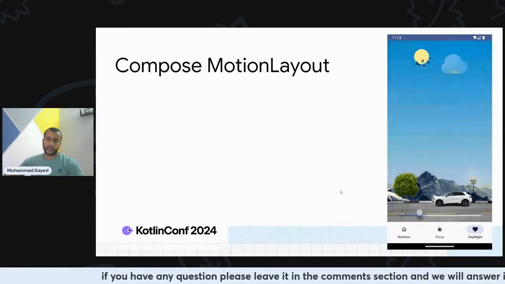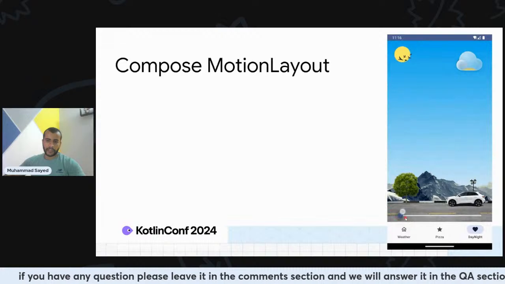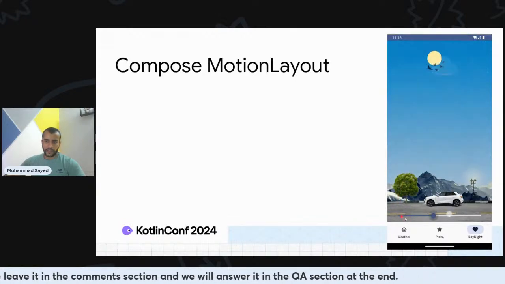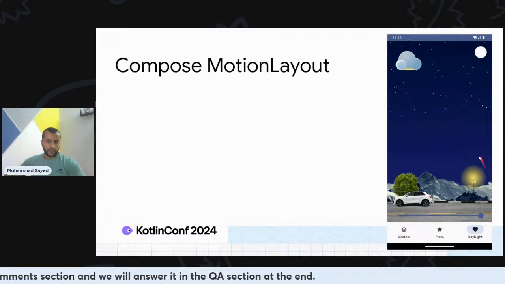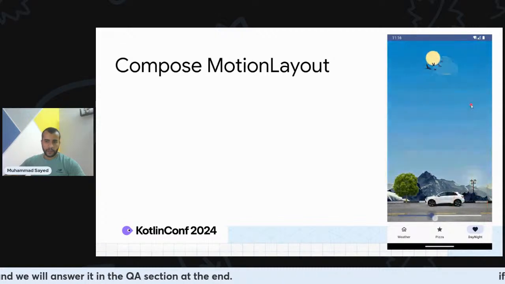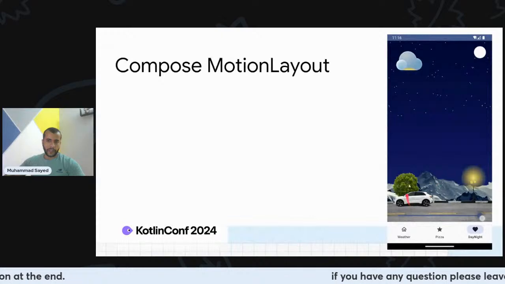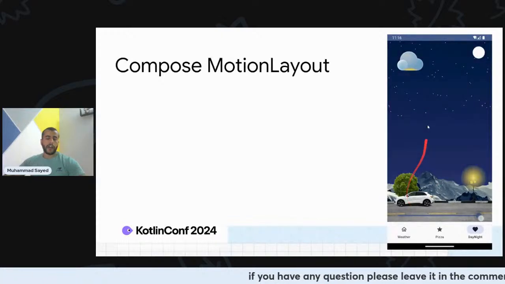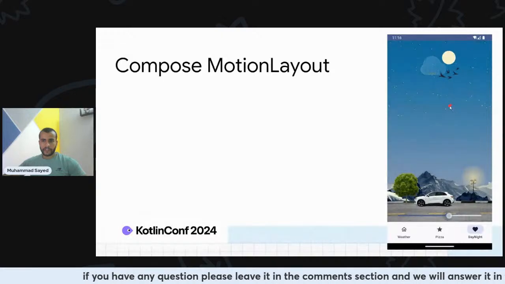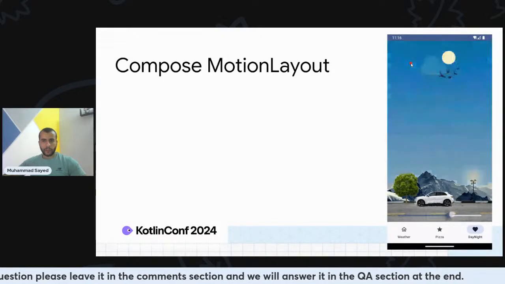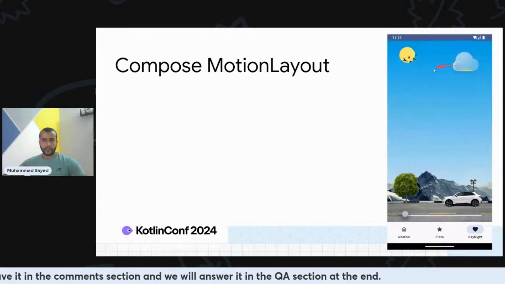Let's suppose that the light version of the scene is the starting one, and the dark or night one is the ending one. And in between, we are controlling some properties for the objects that we have. Typically these objects are normal composable components.